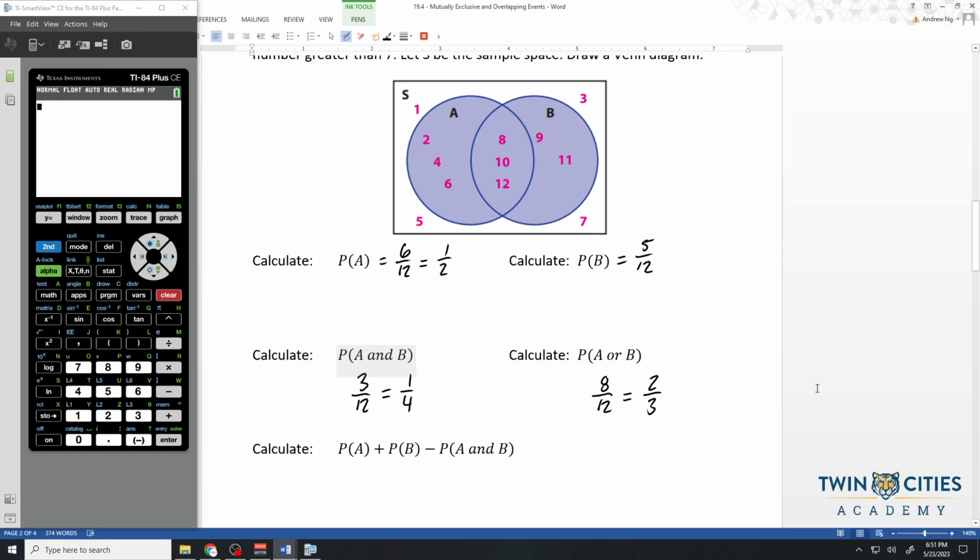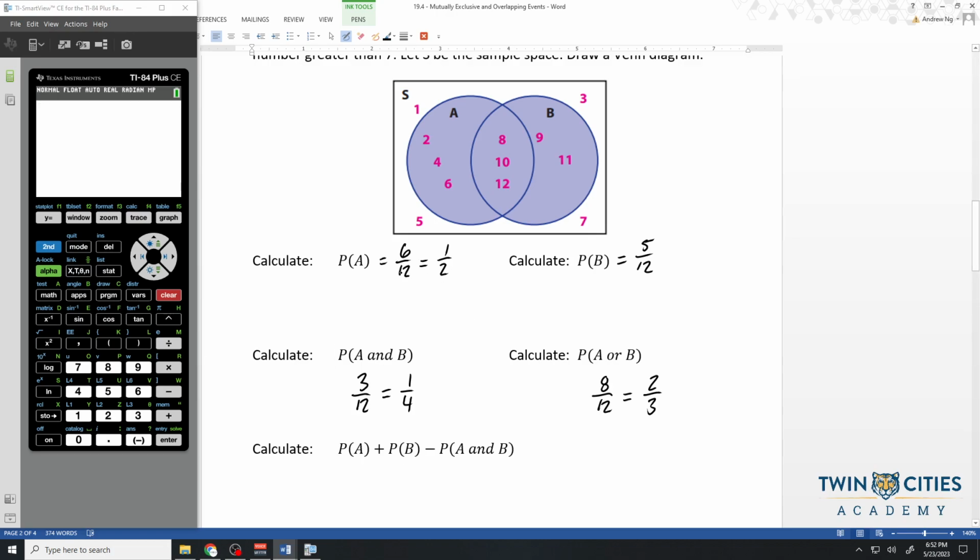But what you'll notice is with mutually exclusive events, that was the last one, the probability of A plus the probability of B was equal to the probability of A or B. However, with inclusive or overlapping events, that's not the case here.